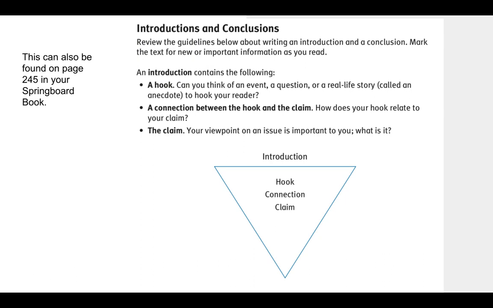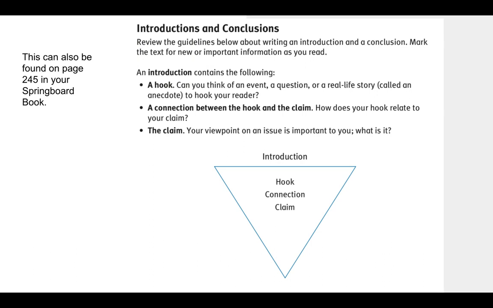We've talked about a question hook, an experience hook. A lot of you have tried some different ones using dialogue or a quotation. All of those things are absolutely okay to do. And remember, you have the internet at your fingertips. If we were in class, we might not have computers to do this with.